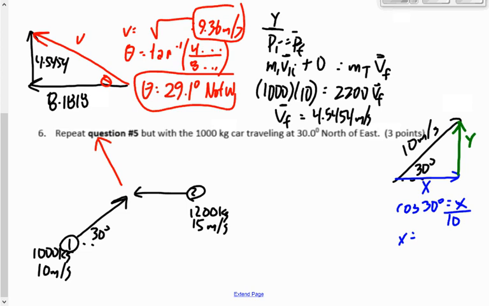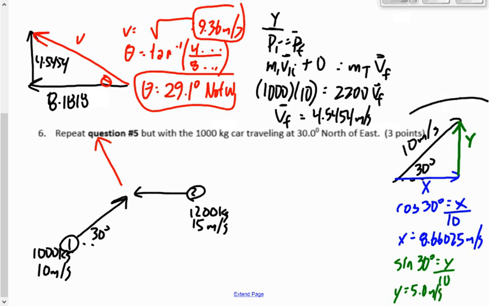I think it was 8.66. Yeah, 8.66025. And the y component, this one's easier, sine function. And then we just box it off, or at least I do, because it's comfortable.